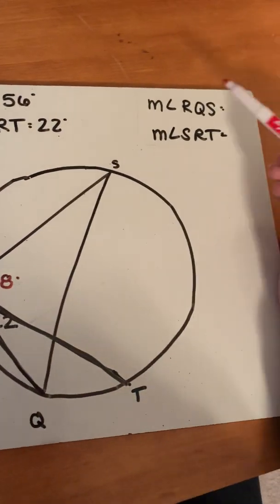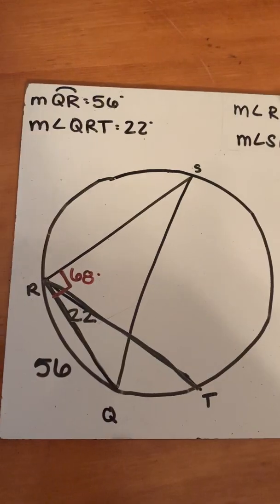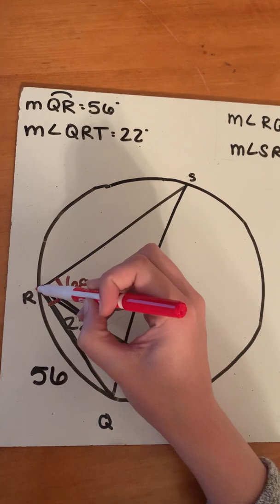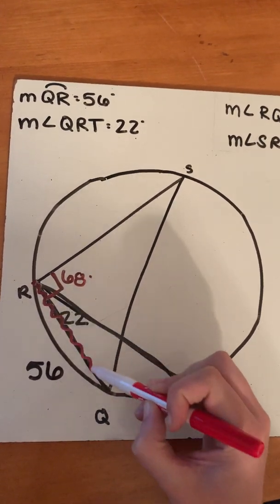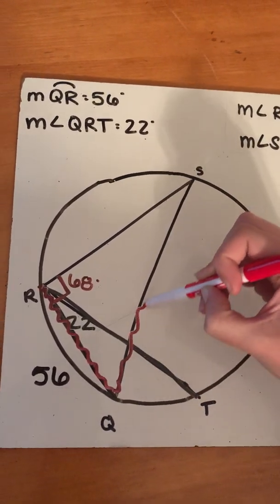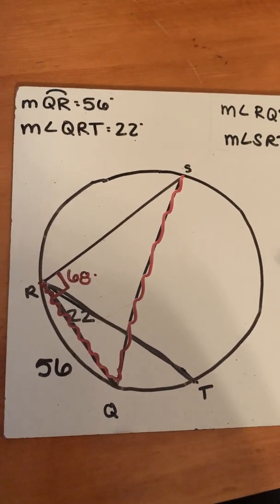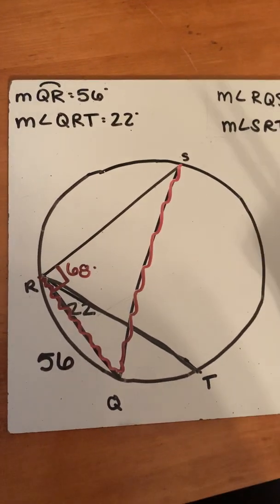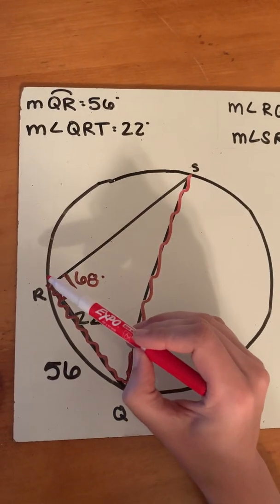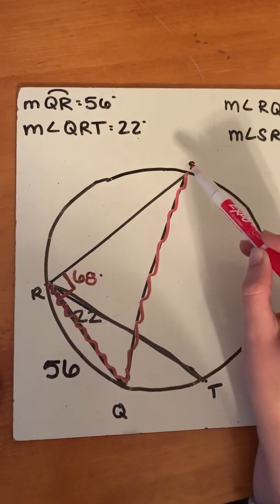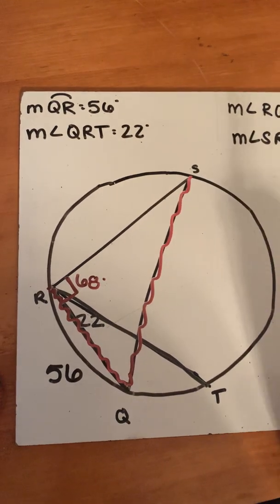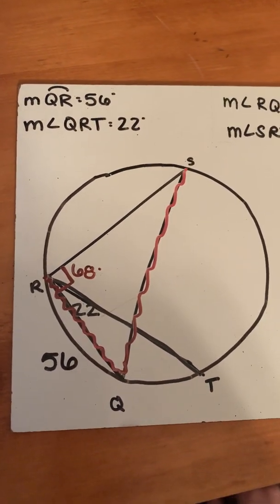Let's see what this asks us for. It wants us to find RQS, so R to Q to S. This looks like an inscribed angle, which means it's going to be half of its arc. But here's our issue: do we know what its arc, R to S, is? Not right now, but is it possible for us to find it?